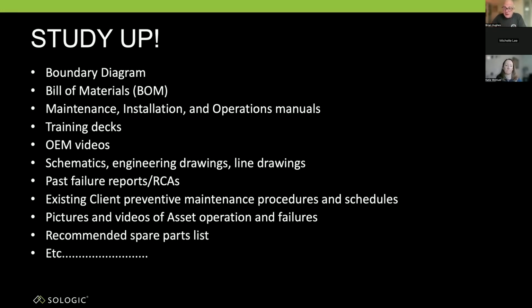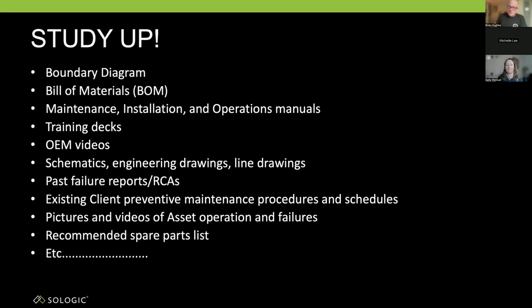I don't make up my own terms for things. I default to what's in the manuals, in the BOM, in the training decks, so that we're not saying, "Yeah, we call that this over here, but it's really the same as that over there." That makes it confusing for me.